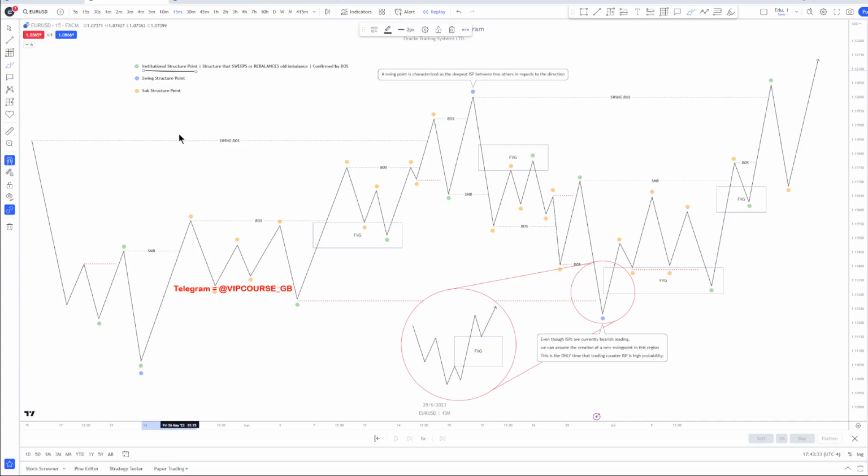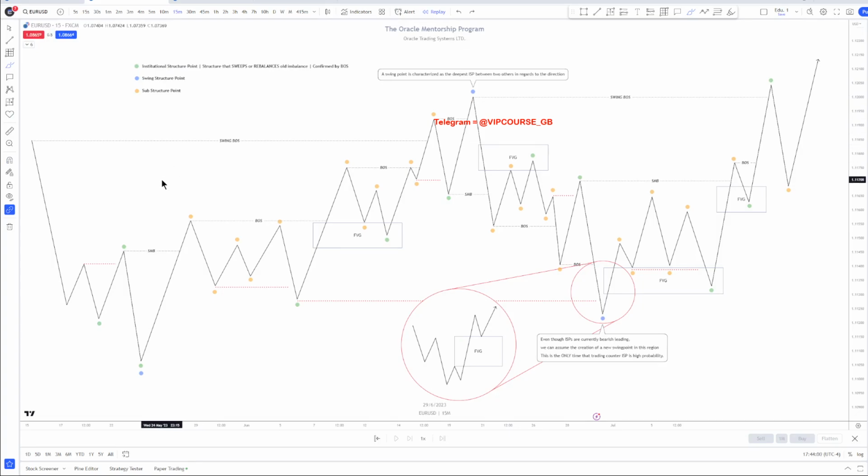Institutional structure is the most important structure that we use because it drives the majority of our bias and trade direction. Okay. Normally, what you've likely been taught is that swing structure is the most important and heavily weighted form of bias. How we view the markets is institutional structure points.